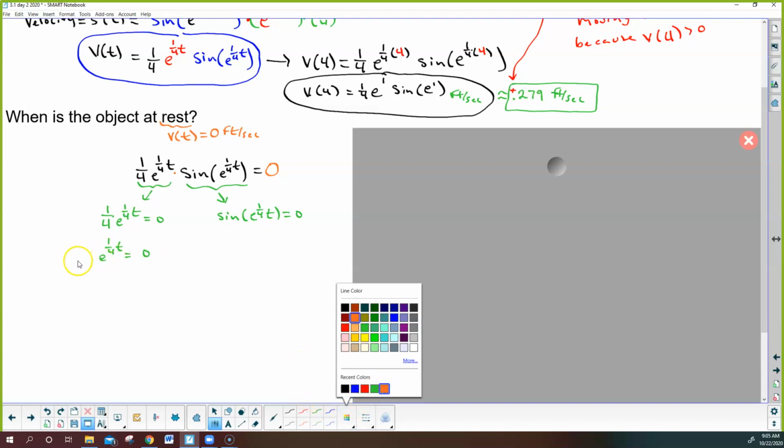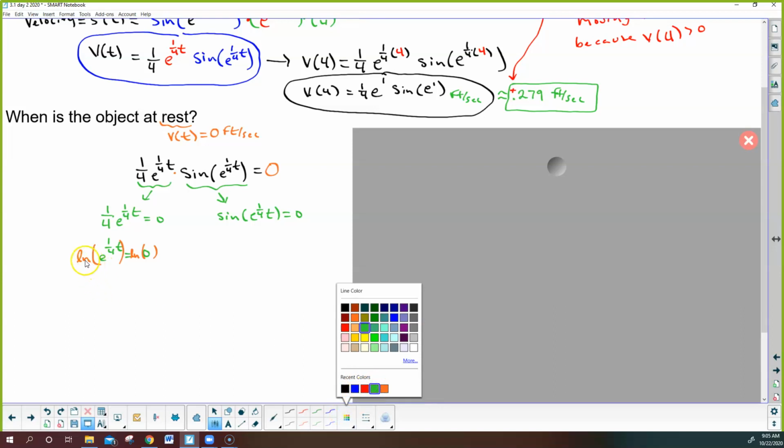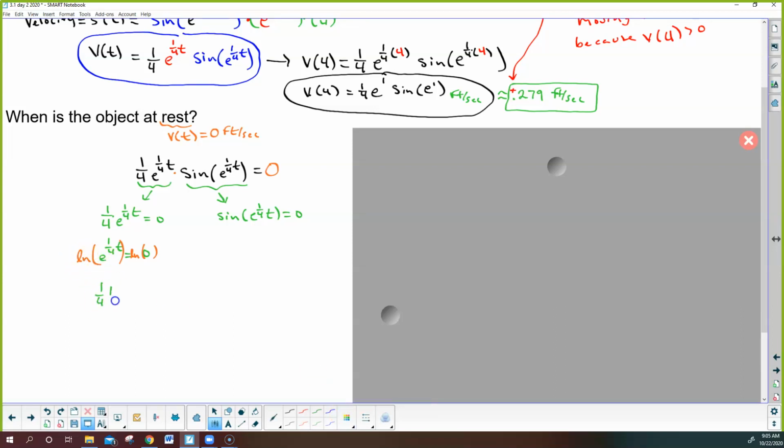Now I have to get rid of the e, and the only way to get rid of the e is to take the natural log of both sides, and that's a pre-calc term. So the ln and e go away, and I'm left with 1/4 times t equals the natural log of 0. And here's the tricky part.